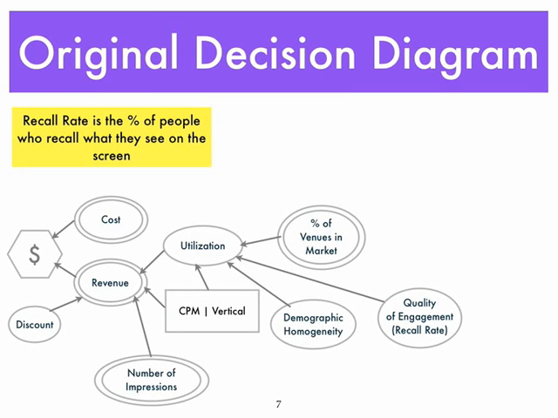The more homogeneous the demographic, the more utilization you might have. Quality of engagement is something you can relate to as recall rate: of the people who look at the screen and then walk out of the store, the percentage who, if you ask them whether they remember what they saw, would actually recall it. That is related to the quality of engagement metric they tried to use.